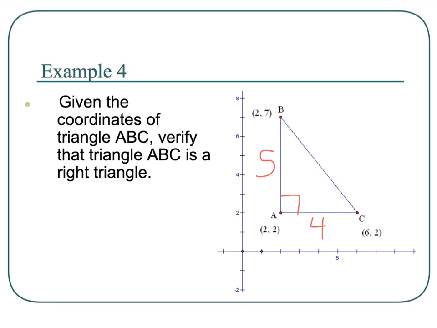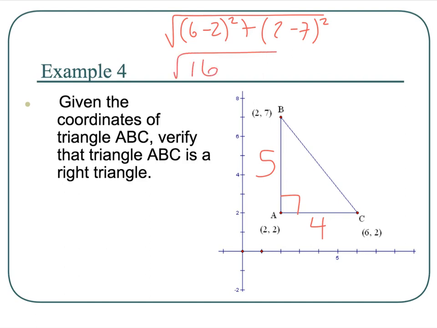Okay, and then what could I use to figure out BC? Well, for BC, I could do the distance formula from (2, 7) to (6, 2). So if I subtract my x's, I get 6 minus 2 squared, and if I subtract my y's, 2 minus 7 squared. So that's 4 squared, which is 16, and negative 5 squared, which is 25.